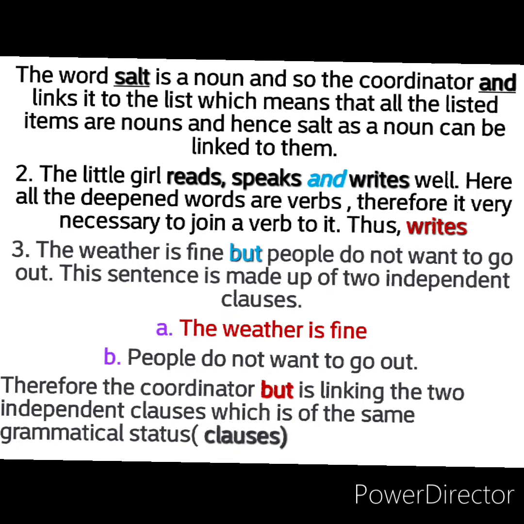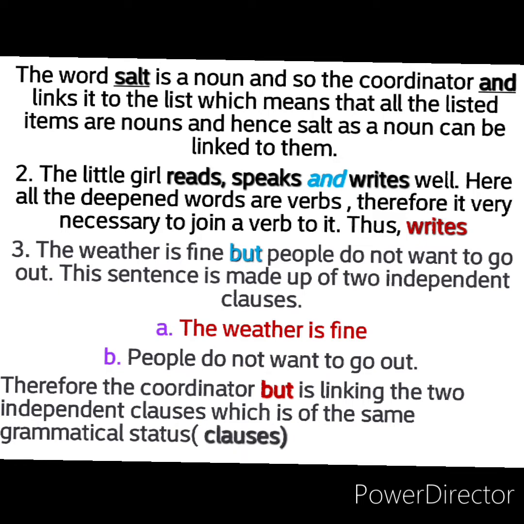Good. Now the second example: the little girl reads, speaks, and writes well. Here, all the emphasized words are verbs. So you have reads, then speaks, and therefore it is necessary to join a verb to it.